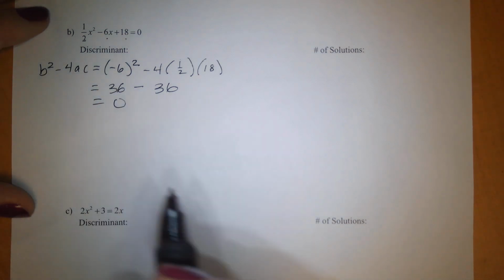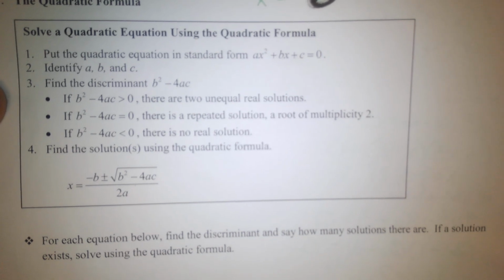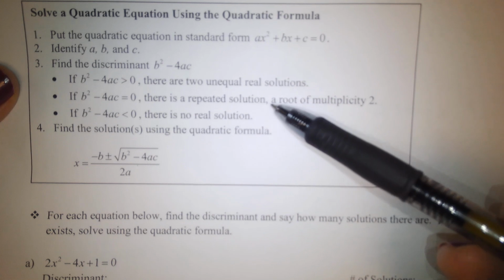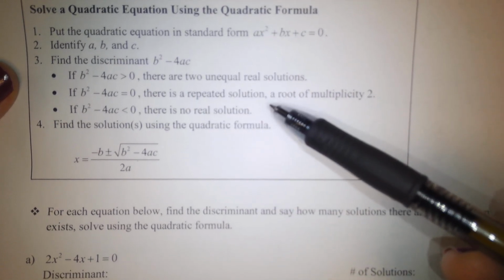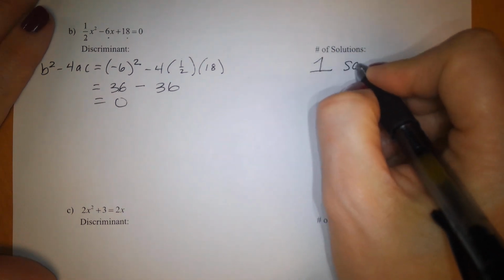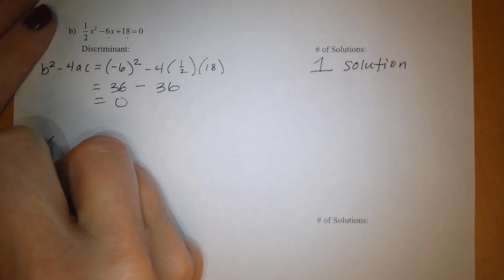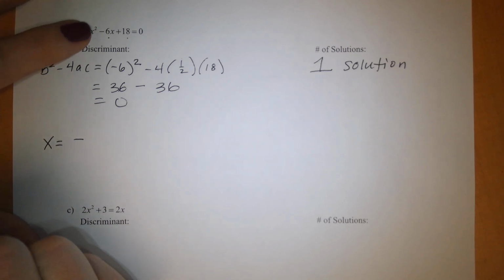When the discriminant is 0, according to what we discussed earlier, that means you have a repeated solution, just one repeated solution. So that means we have one solution. So let's go ahead and solve. X equals negative b.